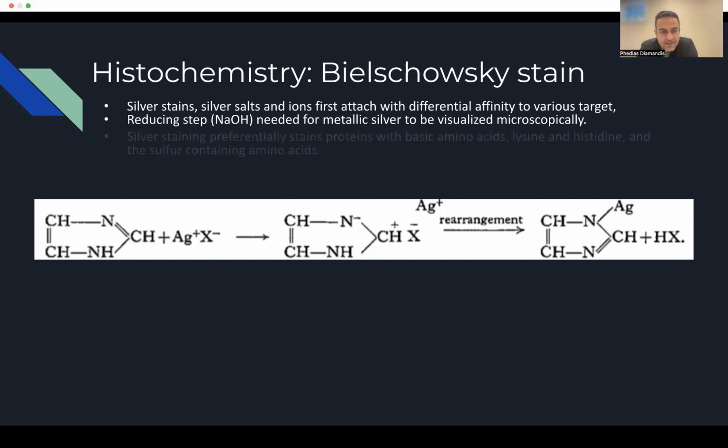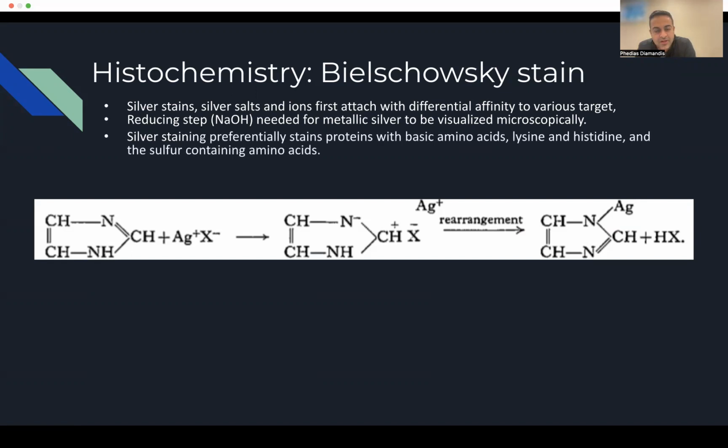So there is an additional step that's important to know about. And again, the reason why this works is that the silver stain preferentially stains proteins with basic amino acids, lysines and histidines.